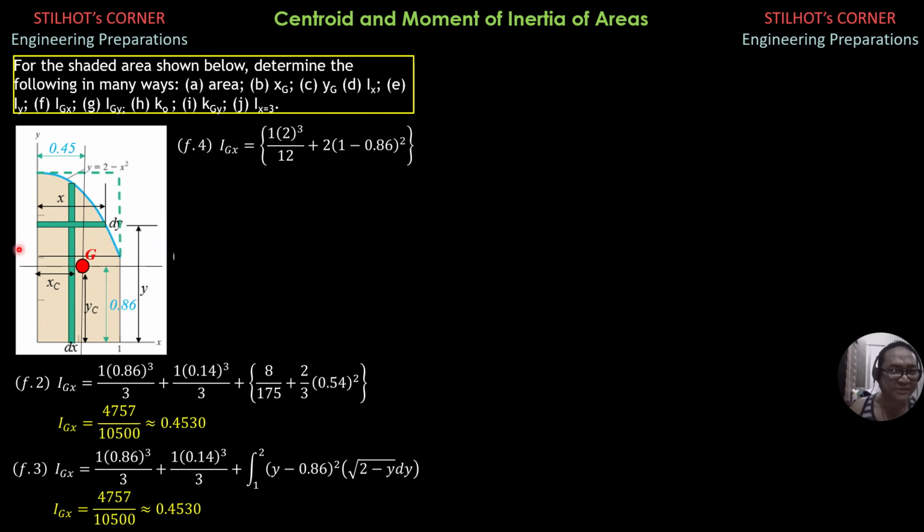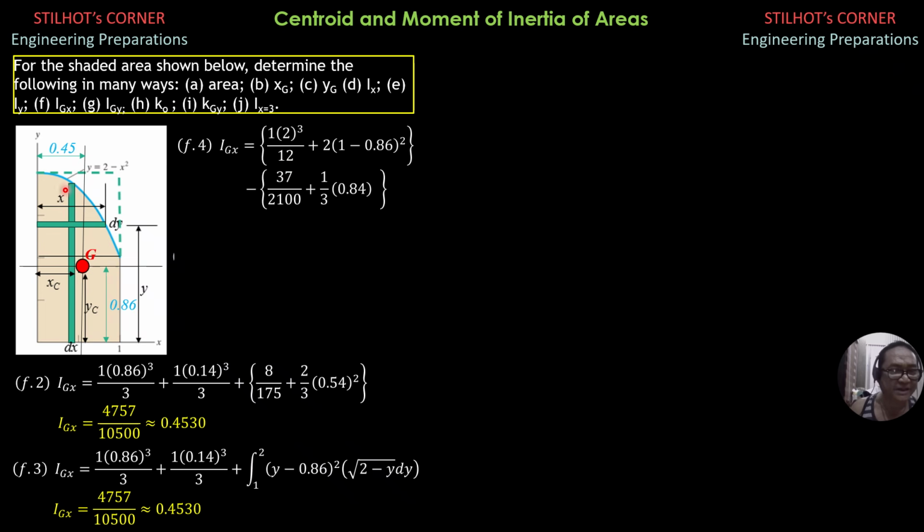So the distance between the centroidal axis of the rectangle and the centroidal x-axis of the entire region is 1 minus 0.86. So area of rectangle 2, then distance squared. Centroid of rectangle from the x-axis is 1. Centroid of the entire region from the x-axis 0.86, then quantity squared. That's the distance between parallel axes.